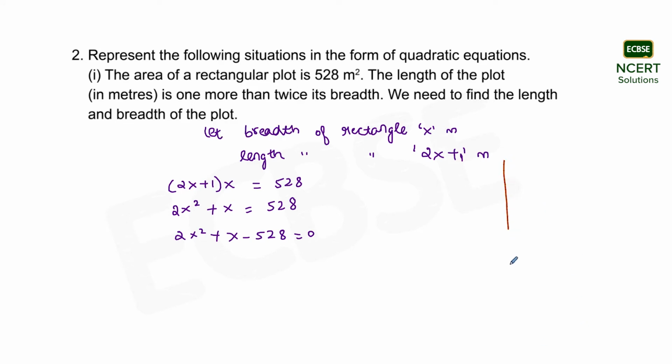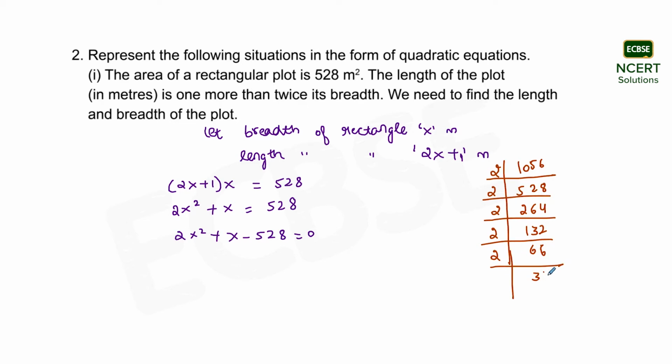Performing the prime factorization for the number 1056, here it will be 2, then 528, and again 2, which is 264, 132, then again 2, then here it will be 66, then again 2, here it will be 33, then 3, and then 11.